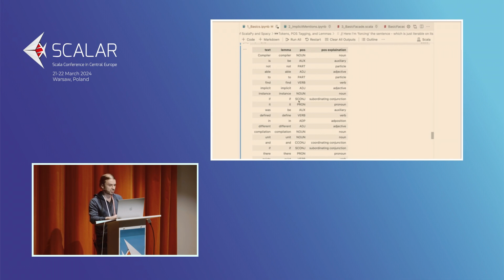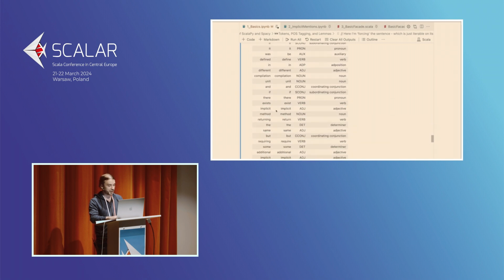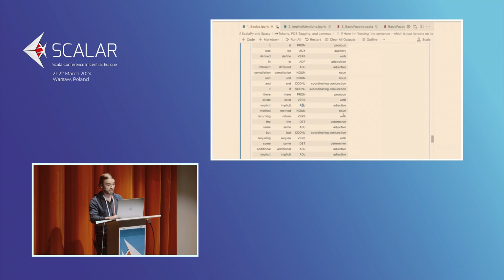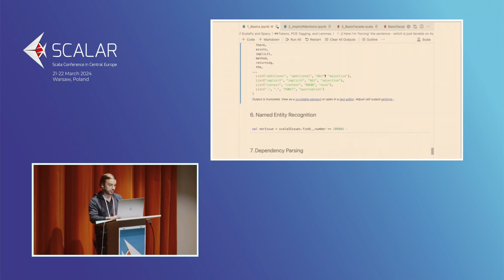In this case, these are uppercase letters the linguists use that are part of some linguistic modeling. And here you have a nice explanation from spaCy. For example, if you look at implicit method, you have an adjective, pretty much, and a noun. And that's what we want to get. There are other things like coordinating conjunction, subordinating conjunction, pronoun and verb, something that you should remember from middle school, as I did.